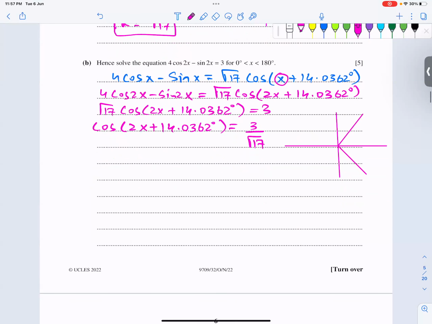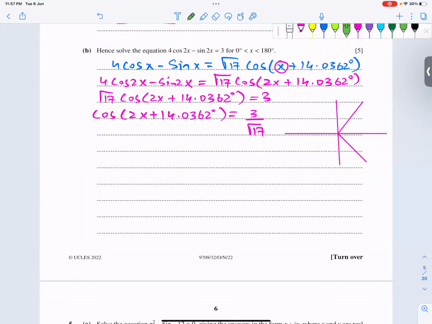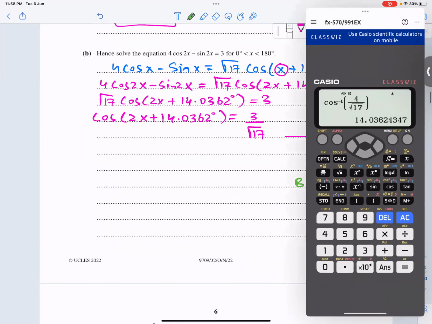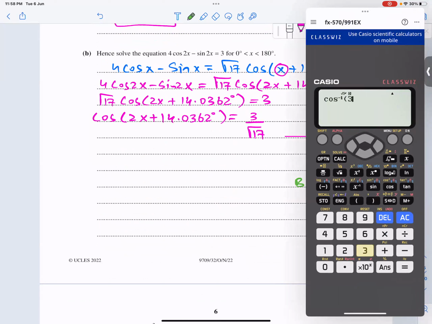Now, if I find the basic angle for this, it will be shift cos inverse of 3 over square root 17.